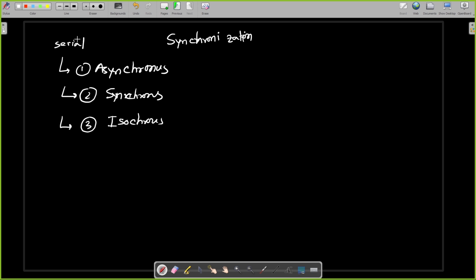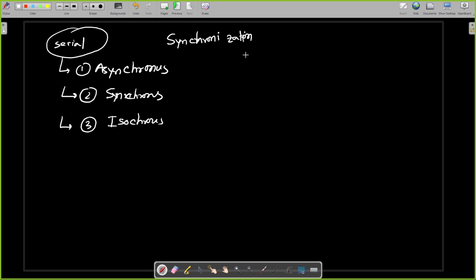So a serial method can vary. This classification is based on the synchronization. If I say that Aryan is a good girl, she can be a good girl to her mother but not to her teacher, because if she can't make the highest result, the teacher will not praise her.